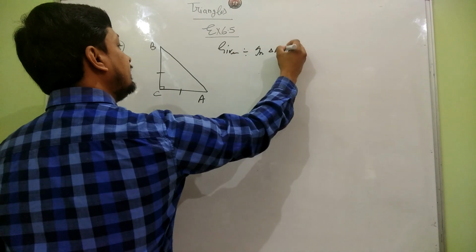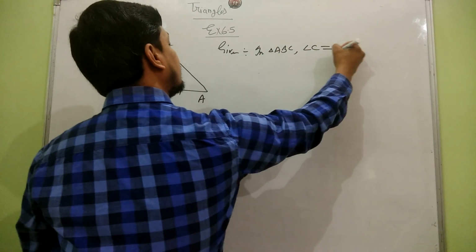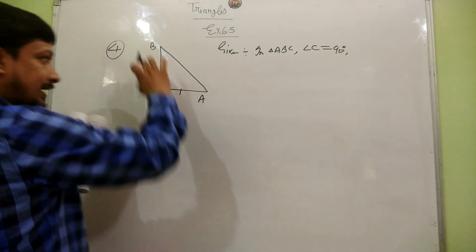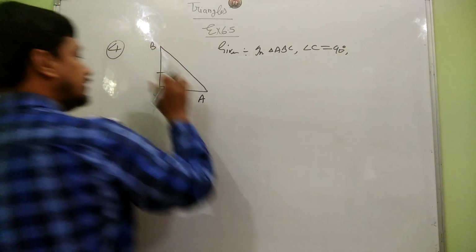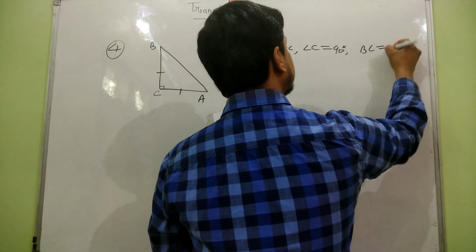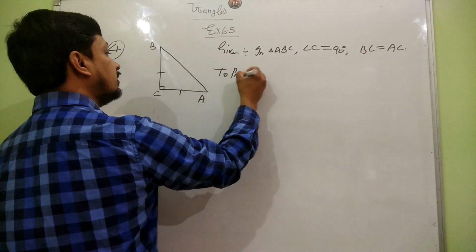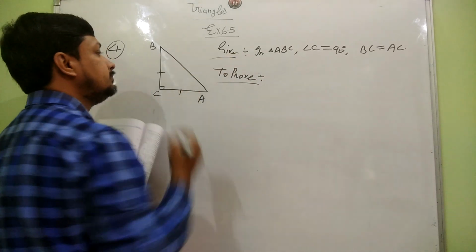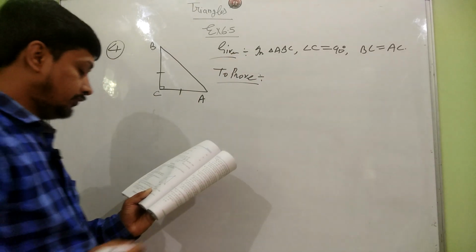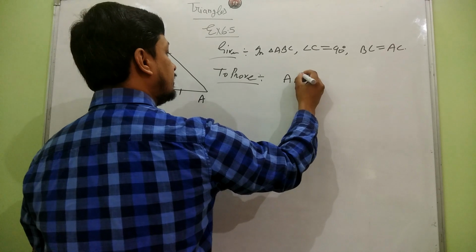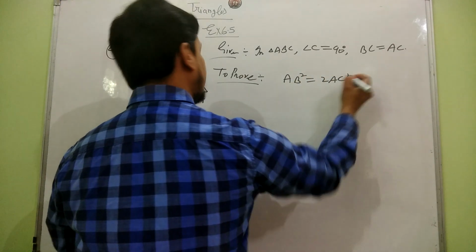In triangle ABC, angle C is 90 degrees, and because it is isosceles, you will write BC equal to AC. It is given. What we have to prove is AB square equal to 2AC square.